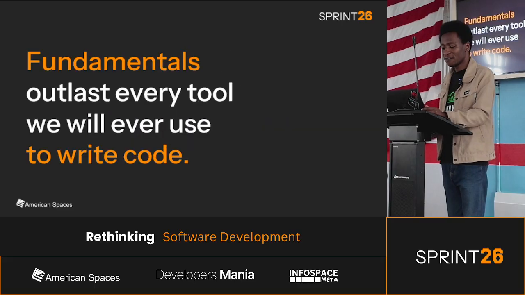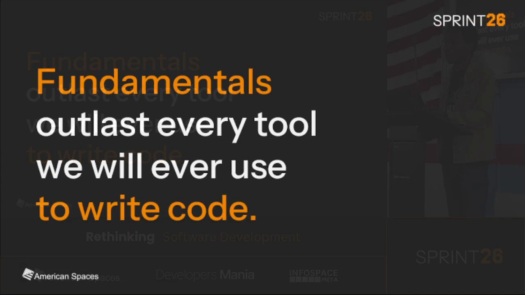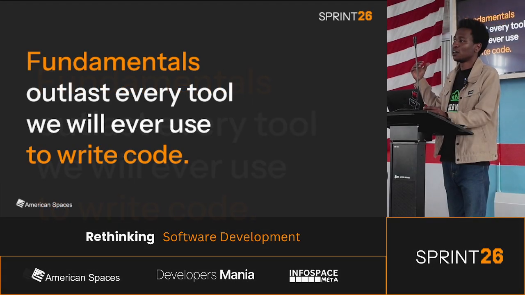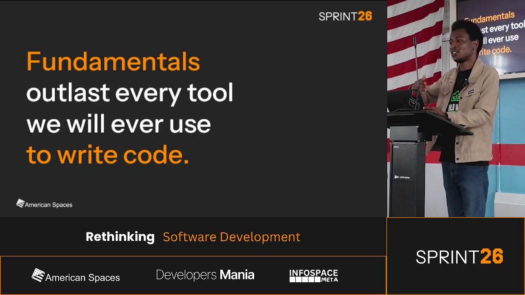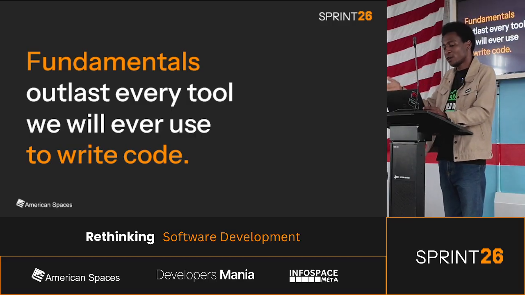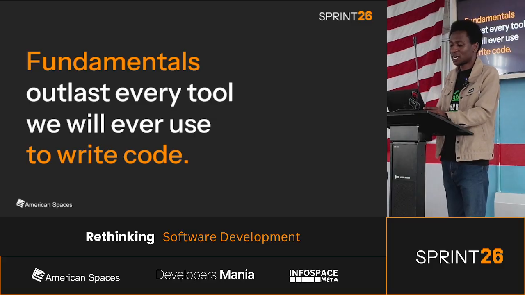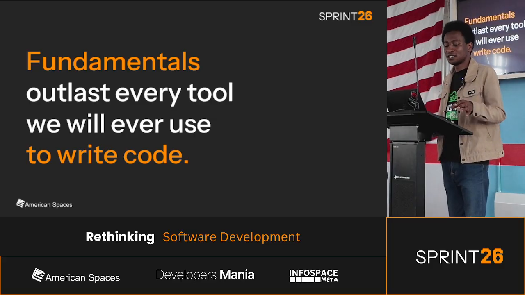Fundamentals outlast every tool we will ever use to write code. Even though we have moved up levels of abstraction, for instance, in the past we had machine code, then we moved to assembly, then to high level, the more we go to higher levels of abstraction, the fundamentals still exist.